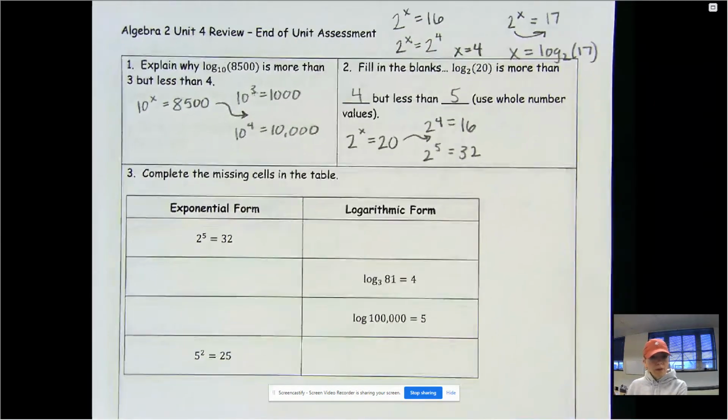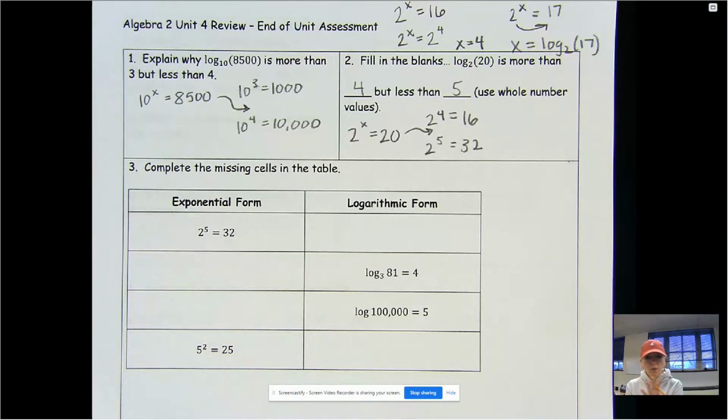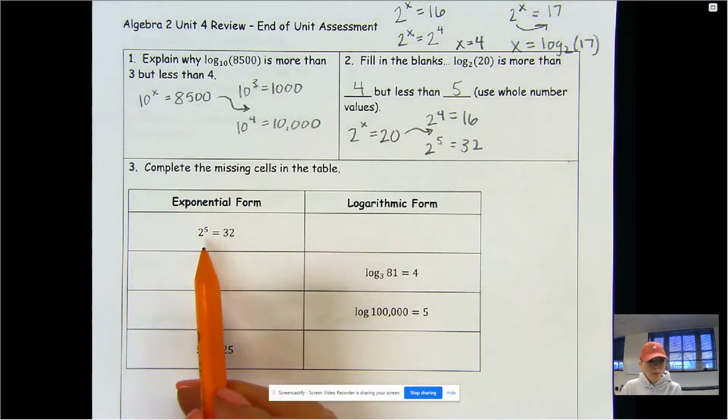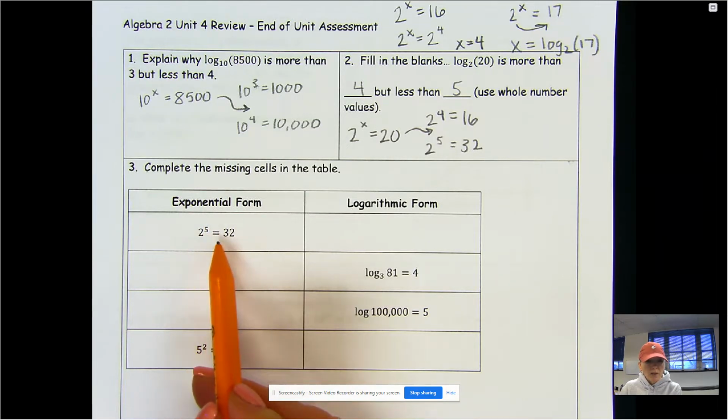All right, in the next section, we're just changing forms back and forth from exponential to logarithmic, or logarithmic back to exponential. Keep in mind the base of our exponent is the base of the log.